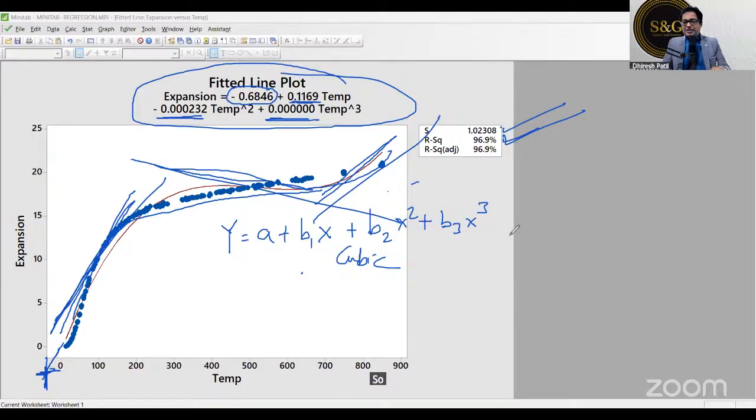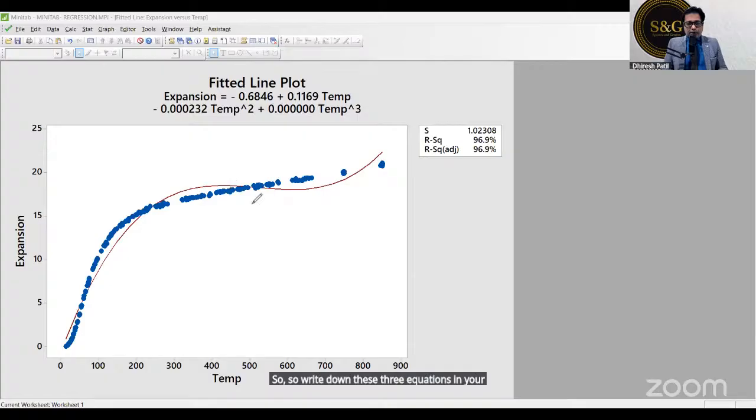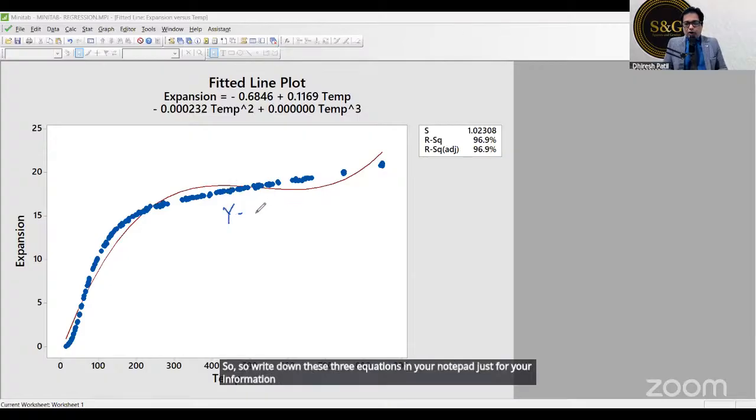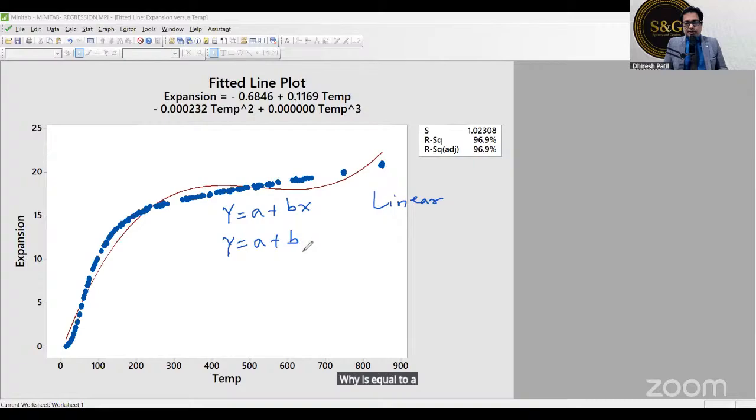So write down these three equations in your notepad just for your information. Y is equal to a plus bx. Write down linear. Y is equal to a plus b1x plus b2x square is quadratic.